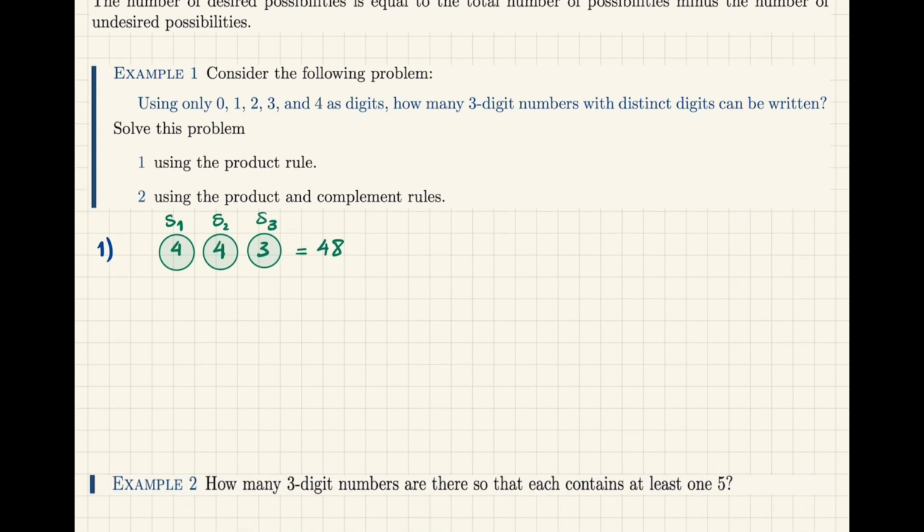Yes. So if I want to do number 2, I would say that okay, the total number of codes without repetition of digits. So how can I calculate this?